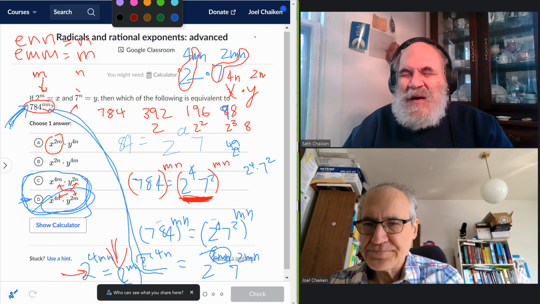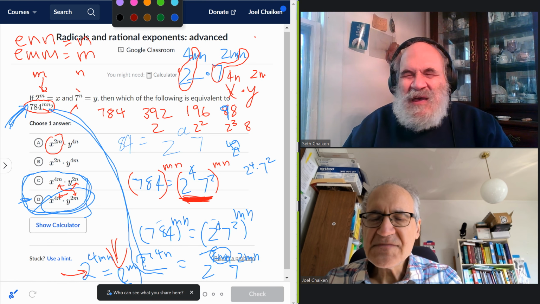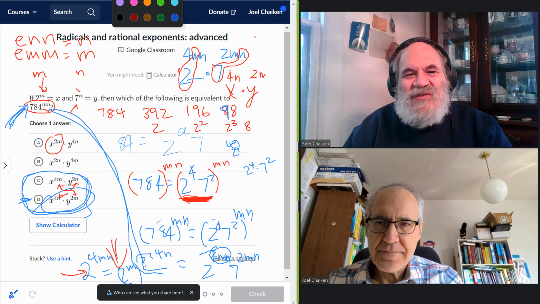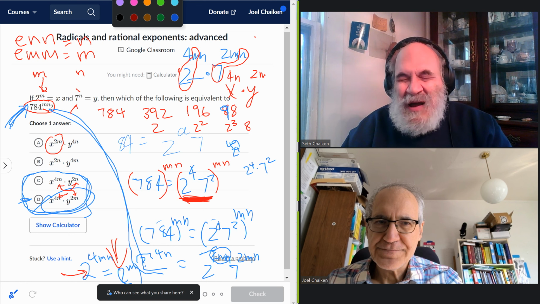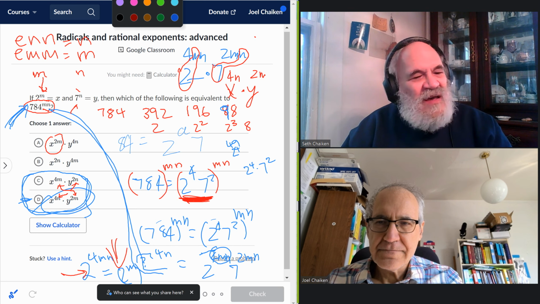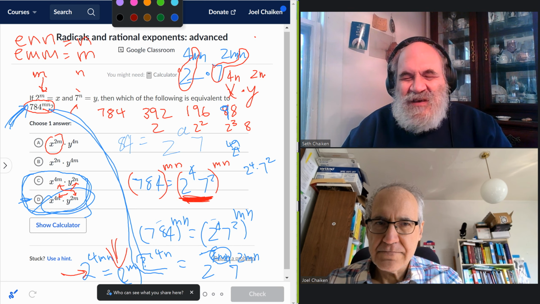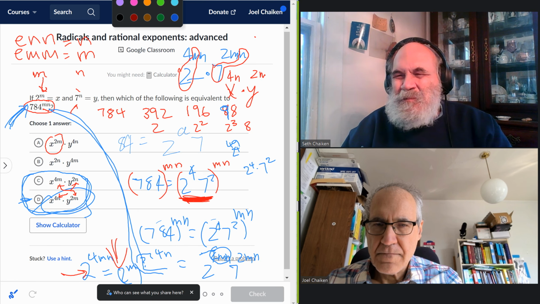Right. Yeah. That's the idea here. If, for example, instead of a 2 and a 7, they had a 2 and a 4, you'd have a problem, and the answer, expressing it as a product of two different powers, there might be multiple answers.